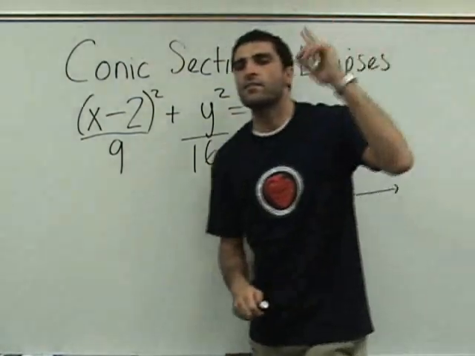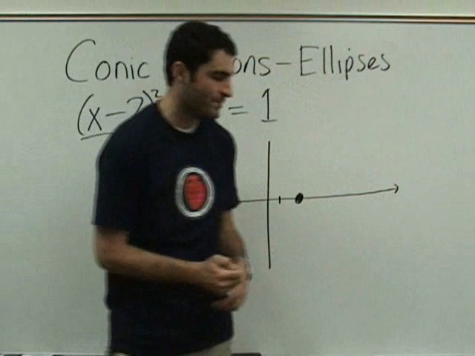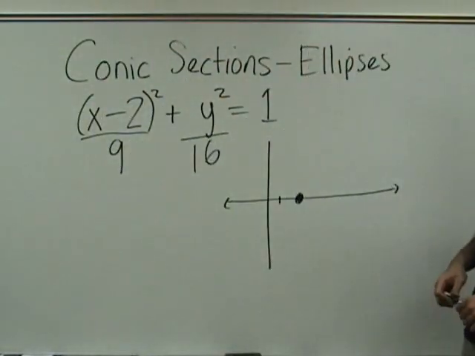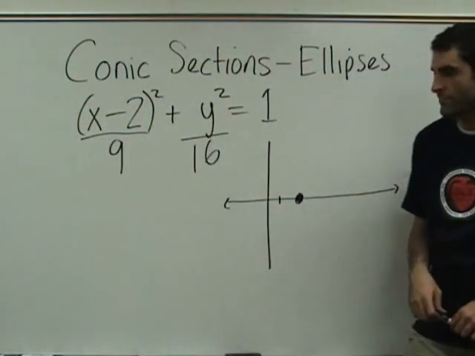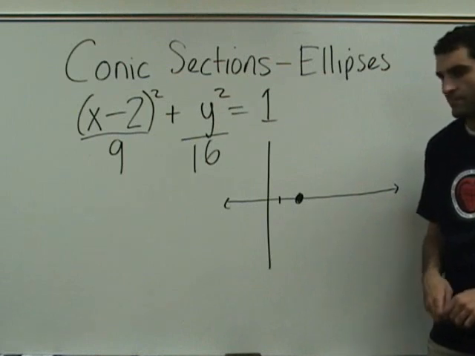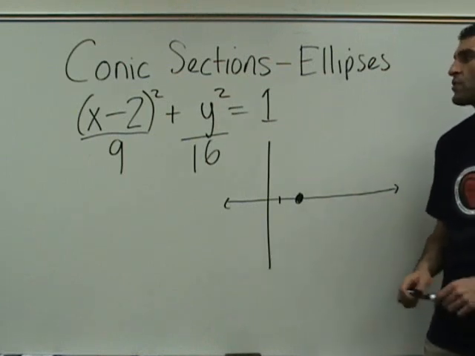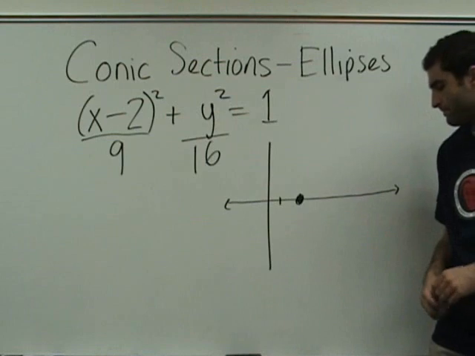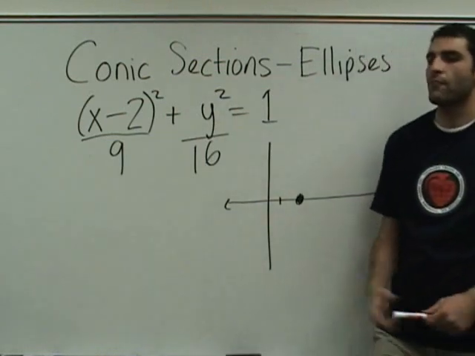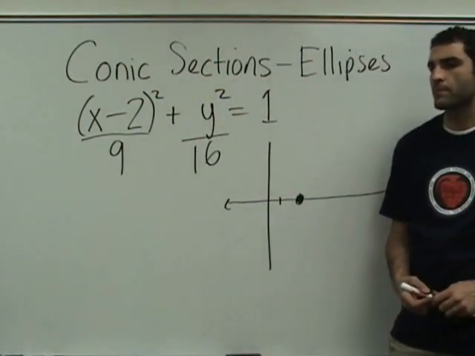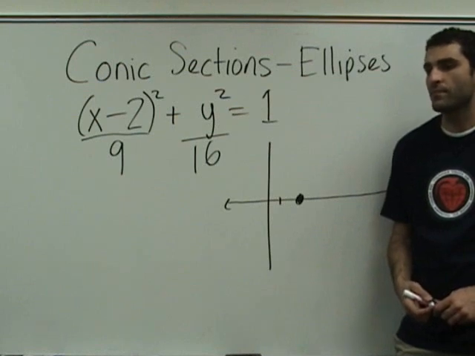Okay, volunteers to do the next step. So now you're gonna find A and B. A is going to be 4. What should we do with that number 4? Now you're gonna go up and down 4.